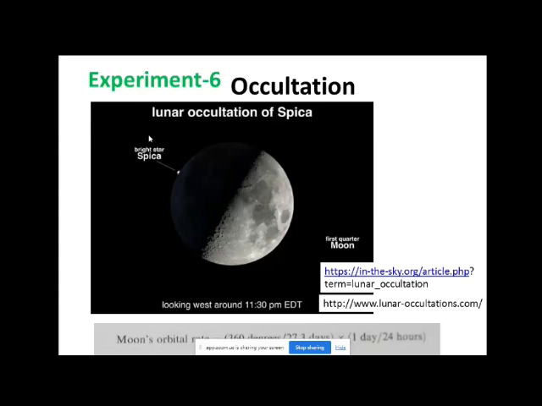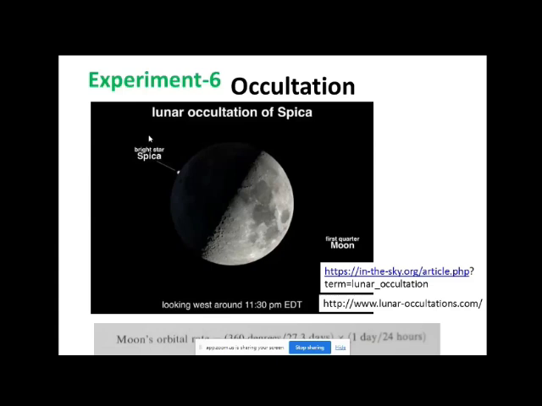Across the moon directly, the maximum occultation time is 1 hour, 1.2 hours, like this.